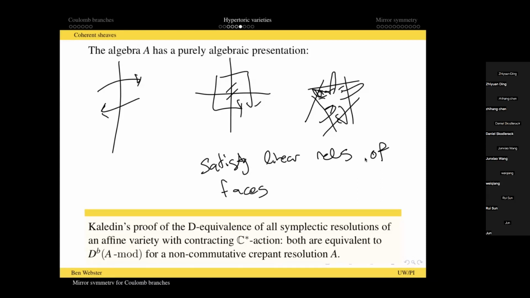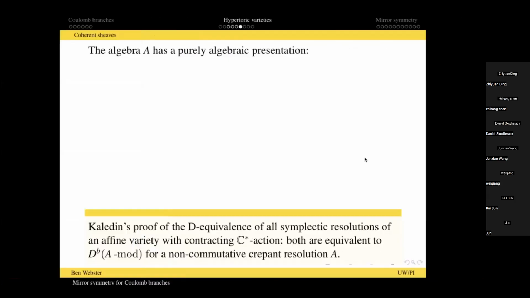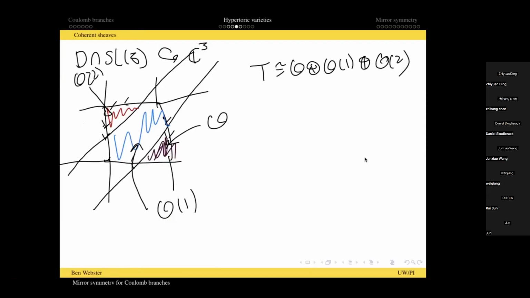So, for example, in the T star P2 case, what happens? Well, you have to remember everything here is periodic. So there's another copy of this blue chamber here and another copy of this blue chamber here. So actually this purple chamber touches the blue chamber along 3 different hyperplanes. It's kind of degenerate.